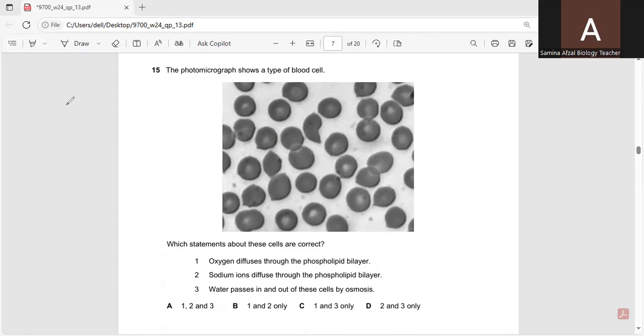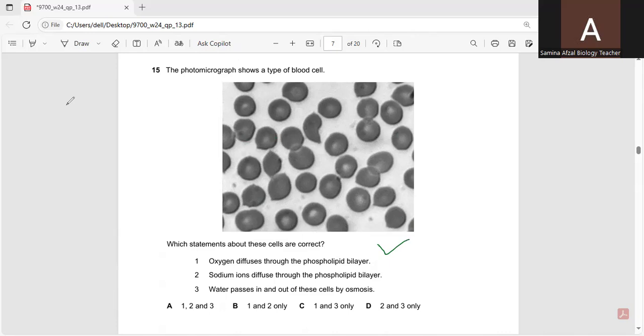So small non-polar molecules can readily diffuse directly through the lipid bilayer down their concentration gradient without the need of protein channels or carriers. So this statement is correct.